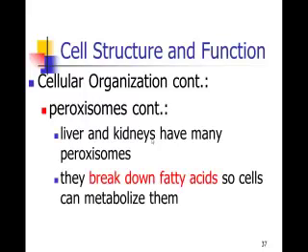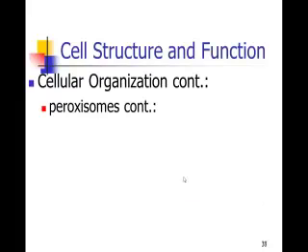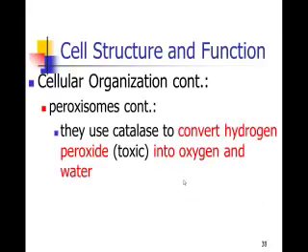Another thing the peroxisomes can do is digest fatty acids, so that cells can metabolize the fragments that are available after that digestion occurs. We use fatty acids as an energy source when glucose is not available. Another thing that they do is they convert hydrogen peroxide, which is mildly toxic, into oxygen and water.